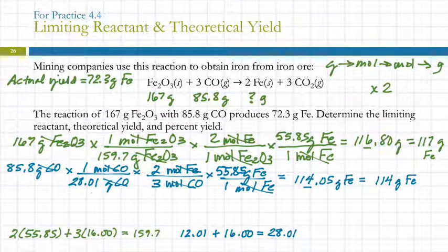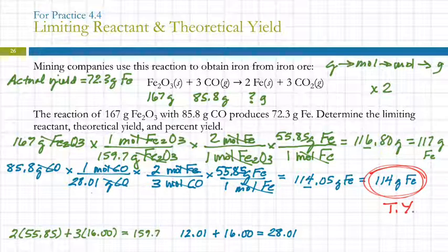We choose the smallest one, just like we did with the pizzas. So this one is my theoretical yield. I'm going to single that out somehow, call that TY, theoretical yield. What's the limiting reactant then?